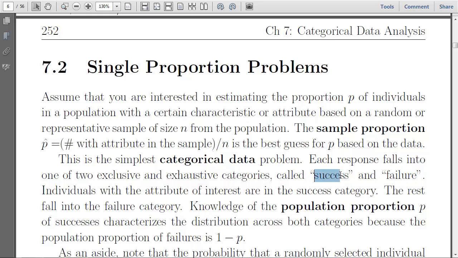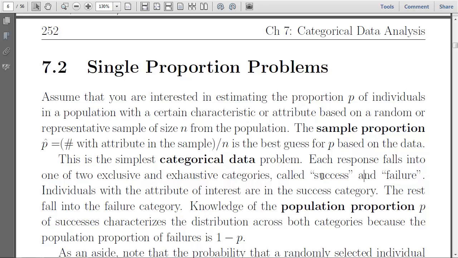And typically we are modeling the probability of success, so we want to label the outcome we're interested in as success, and failure is everything else. You can even take something with many categories and still make it binary.